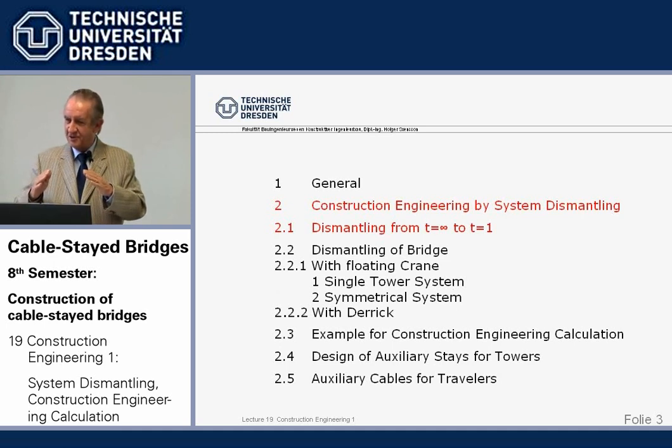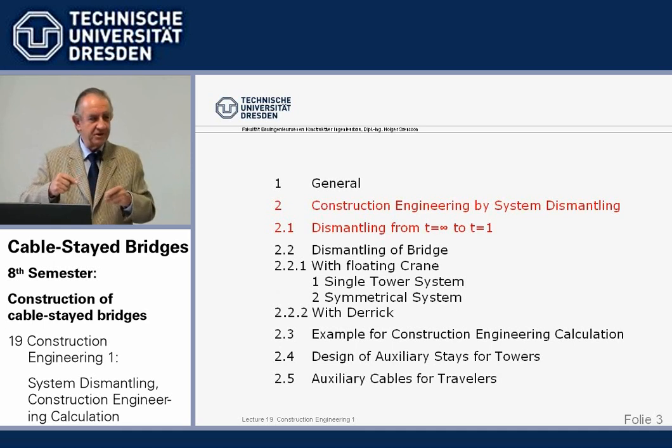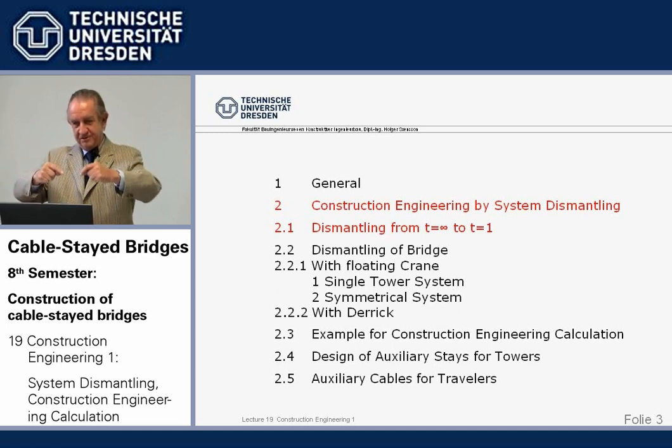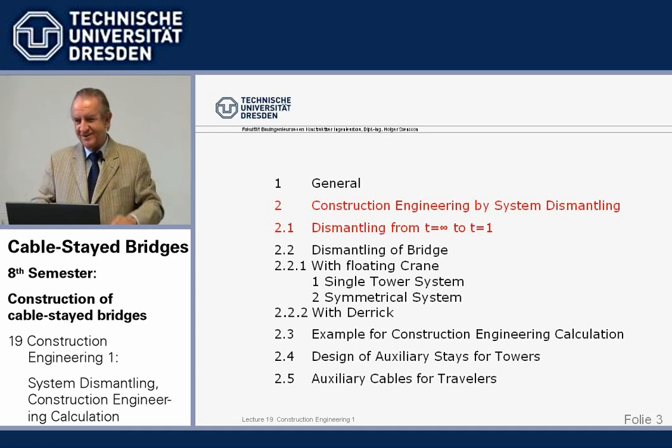So we do not know, by going backwards, how to install this system. So there we have to put in a little additional calculation, first going forward, finding out what the forces will be when we take it out during real construction. And then these forces we have to introduce when going backwards.